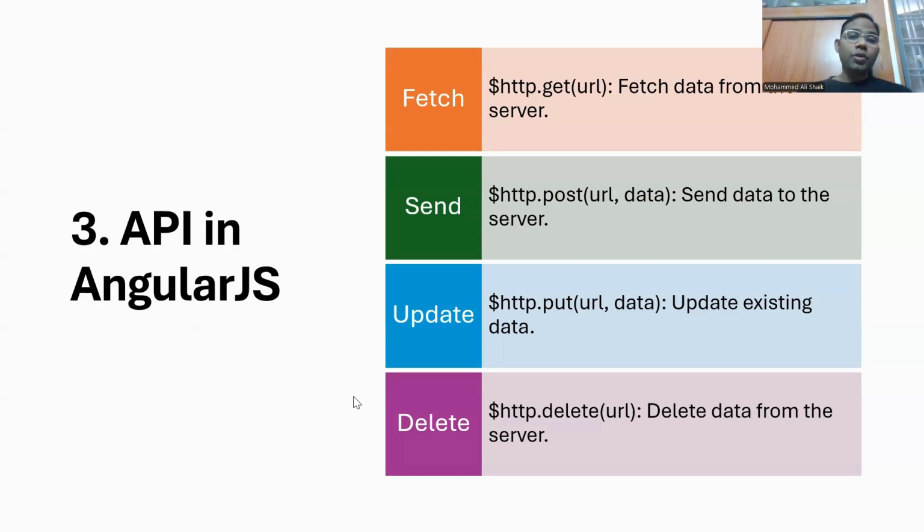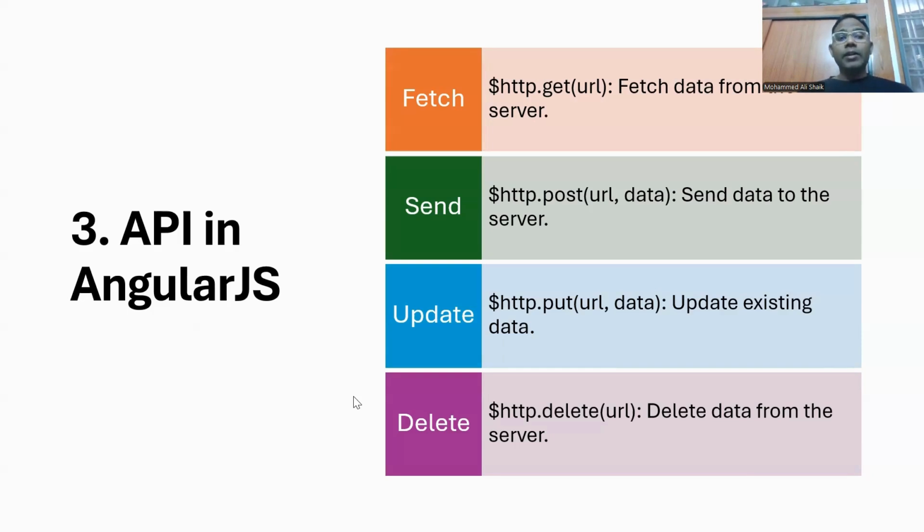Then $http.post: if you want to send data to a server, you can use $http.post, where you provide the URL and the data you want to send, like username, password, or any other specific string, like what happens in jQuery. The next one is update. If we want to update existing data, $http.put(URL, data) is used.